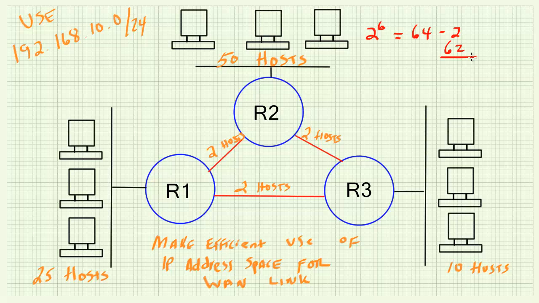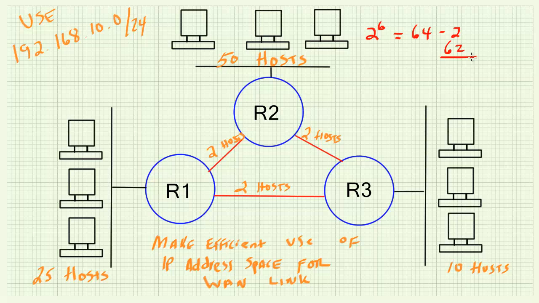But if we were to use only 5 bits, 2 to the 5th is 32, and that's not enough. So you have to make a little compromise here. You've got to have enough, and in some cases you're going to have a little bit more than enough, and it's never a bad idea to have some extra IP addresses available in case more hosts are added in the future. So for location 2, we need 6 bits for the host, giving us 62 usable host addresses at location 2.